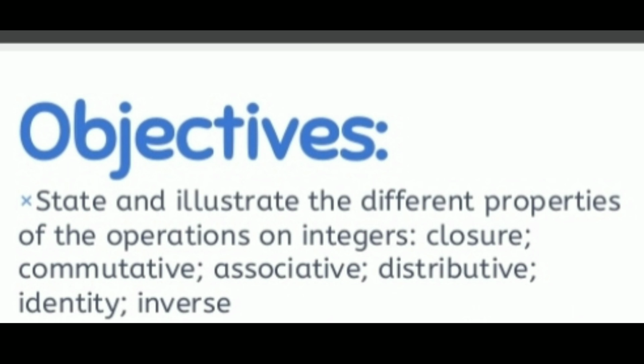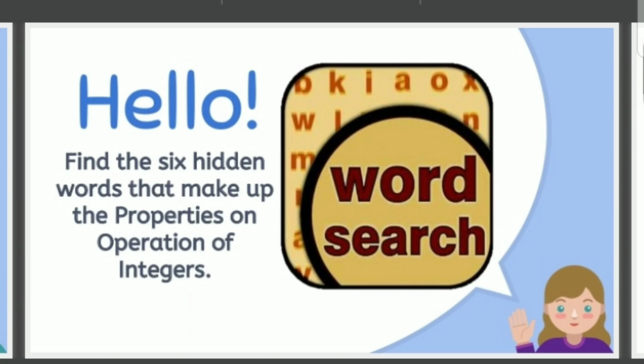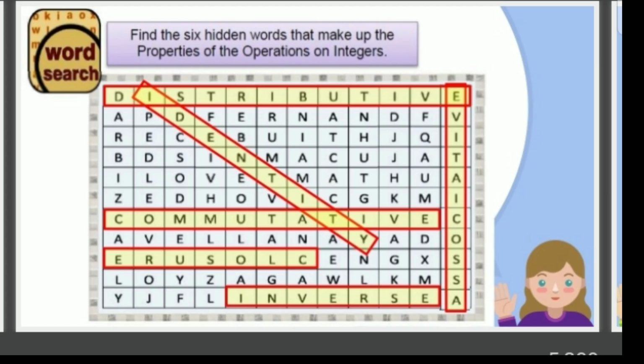See here, a small puzzle. Can you identify these properties like a word search game? Do you like this game? Please write all these letters like this and identify all 6 properties. First is distributive.